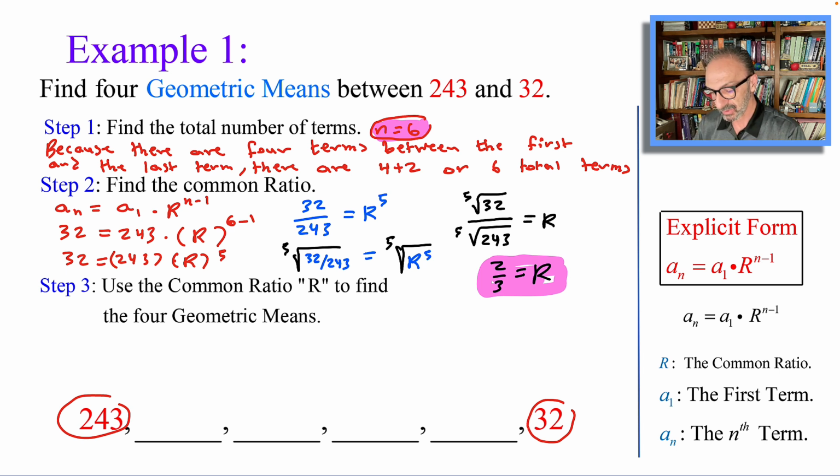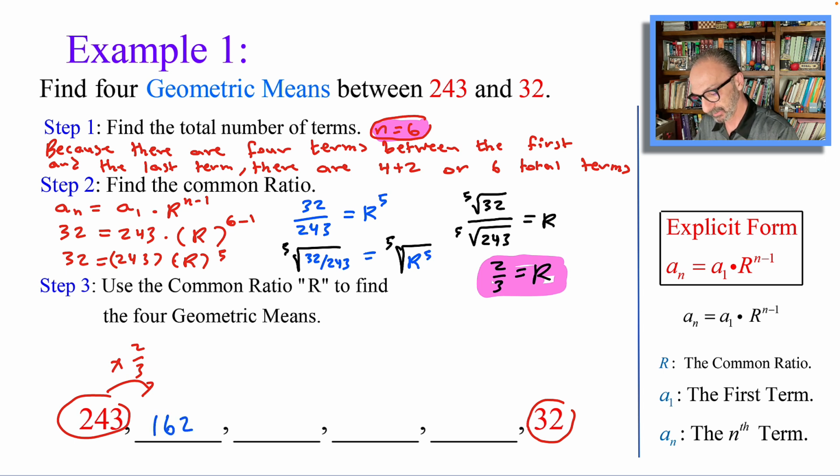The third step says use the common ratio R, which we found as 2/3, to find the 4 geometric means. That means the 4 missing terms in the geometric sequence. To go forward, I multiply 243 times 2/3, and I will get 162.